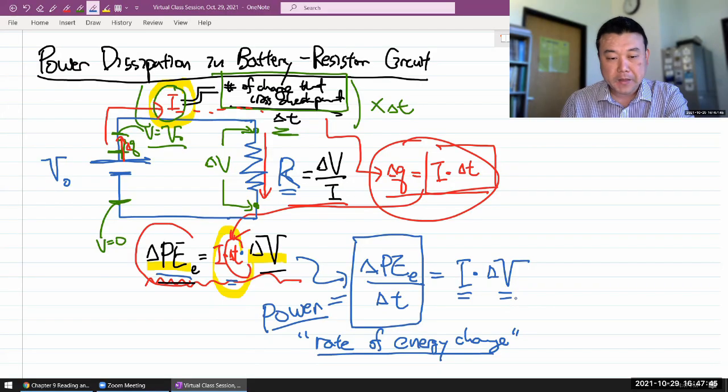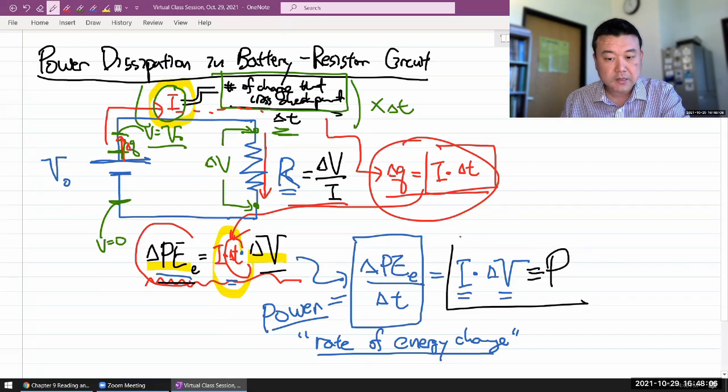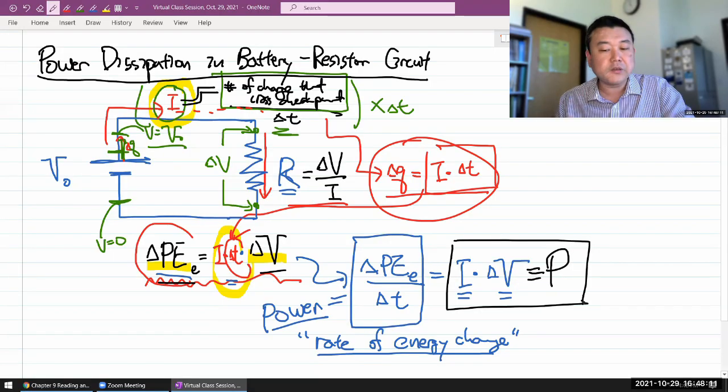Now, so I think last time or in the other lecture, that's where I ended it. And I want you to add a little bit more to that. So this is the question that we can pose. Given this fundamental circuit relationship for power, for a circuit, you can say this amount of power dissipated or put in, depending on the direction, is equal to current times difference in voltage.